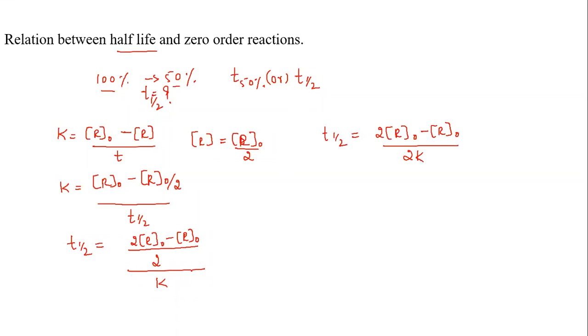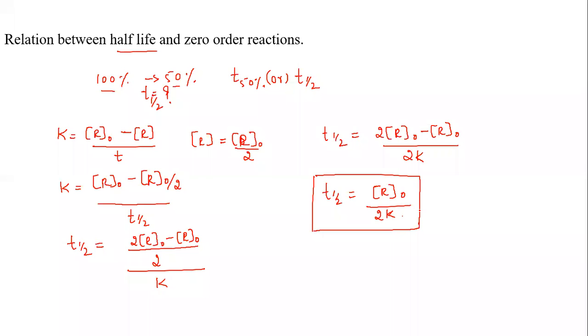Okay, as both are in the denominators 2K. Now just observe the numerator. 2R naught minus R naught is nothing but R naught, right? R naught divided by 2K. So this is the integrated rate equation for half life period for a zero order reaction.